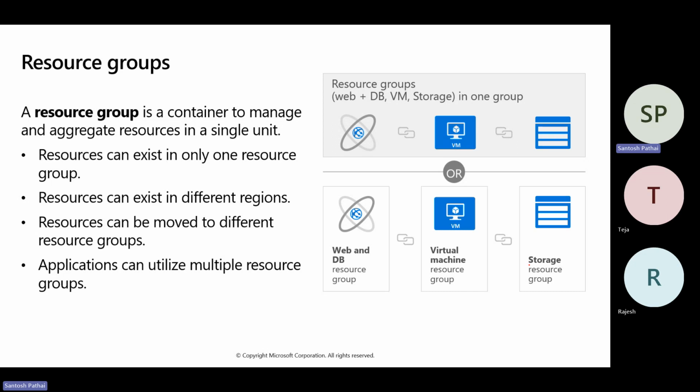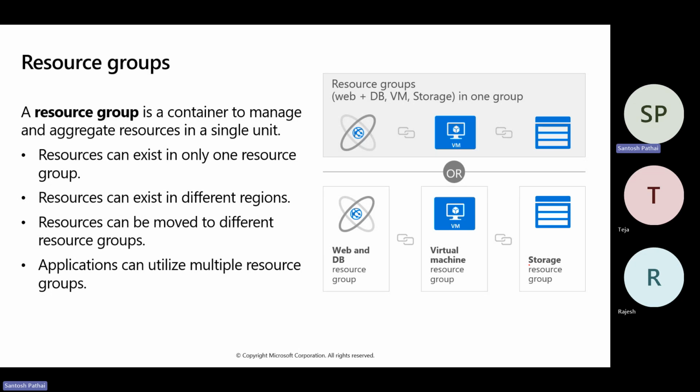So for example, I have created a resource group in the name of my resource group 1. Now I can have one virtual machine from my Pune location, one virtual machine from my Chennai location, one virtual machine from my US location also in the same resource group.